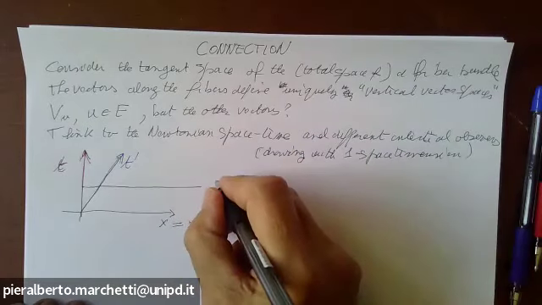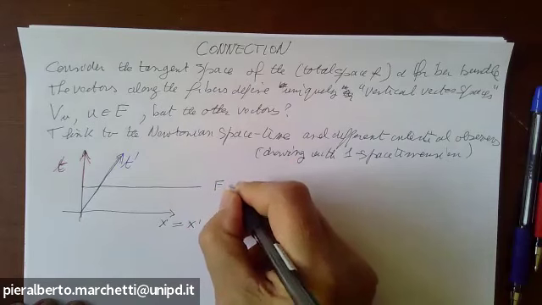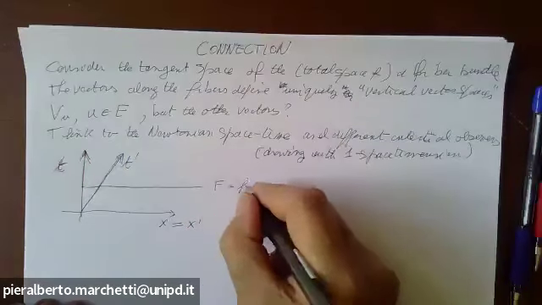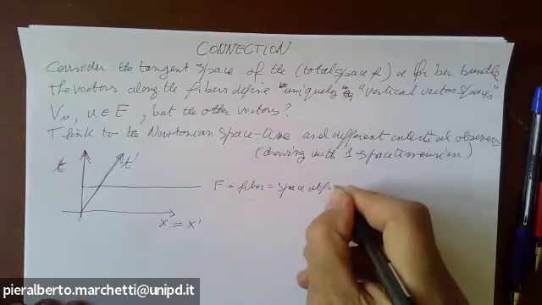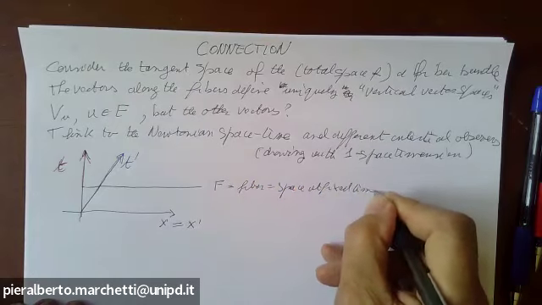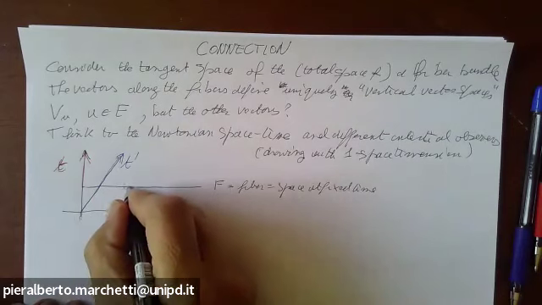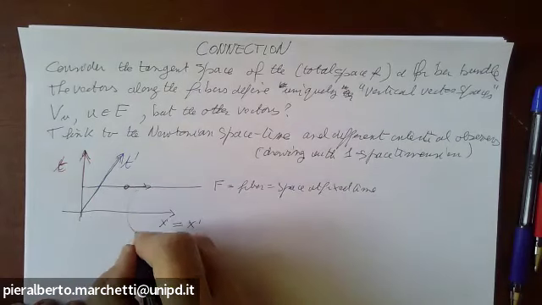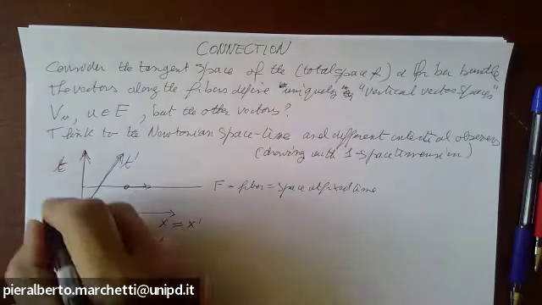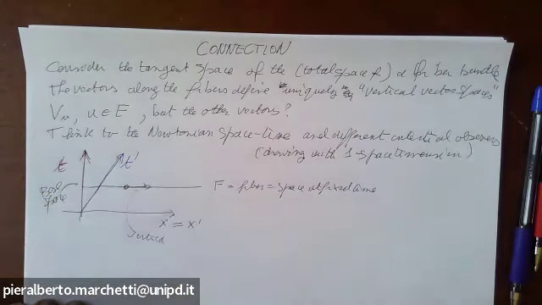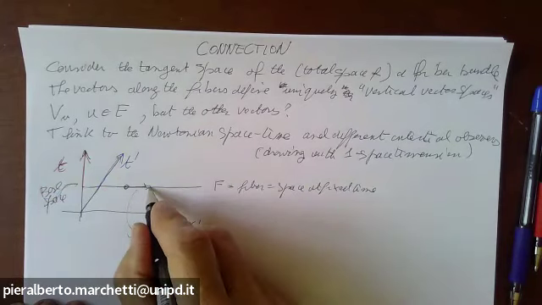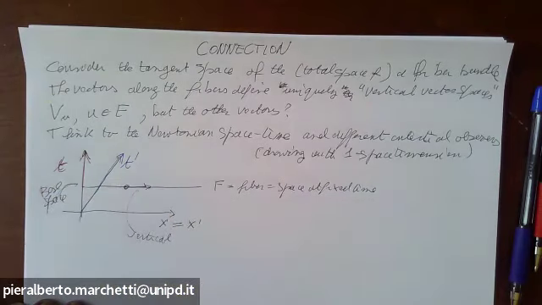So we know that this is a fiber, the space at fixed time. And for both observers, this here is a vertical. Remember that the base space now is this. It's a vertical vector both for the blue observer and for the red observer.